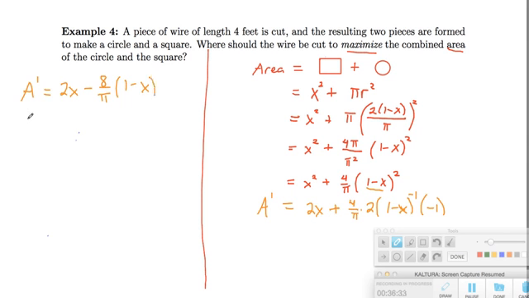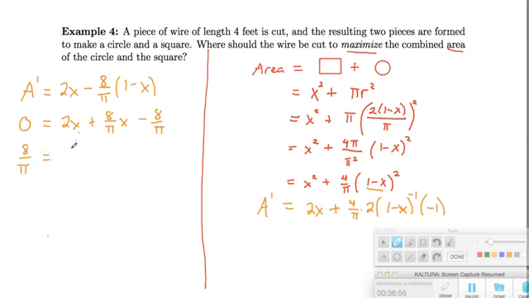Now remember, for optimization, you need to take the derivative and set it equal to 0. So if you do that, you just need to solve this for x. So 2x plus 8 over pi x minus 8 over pi. Add 8 over pi to both sides.